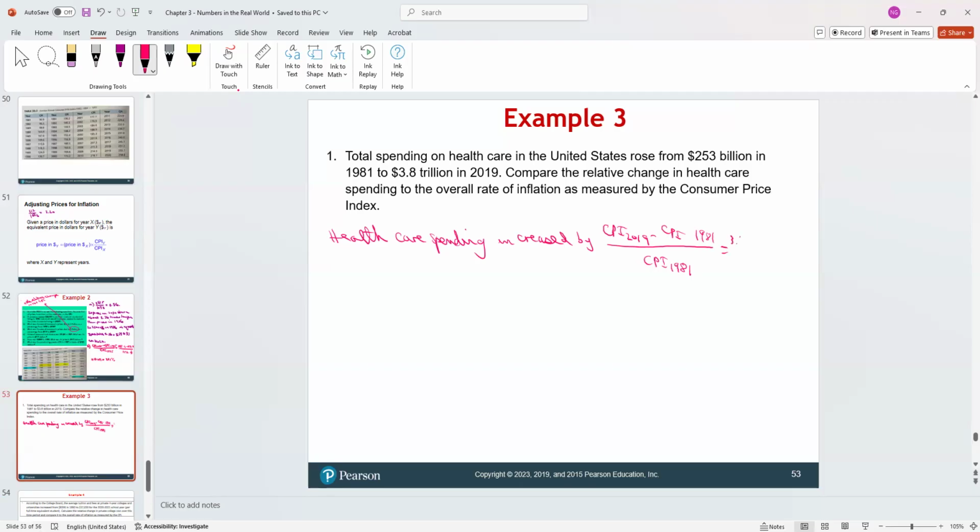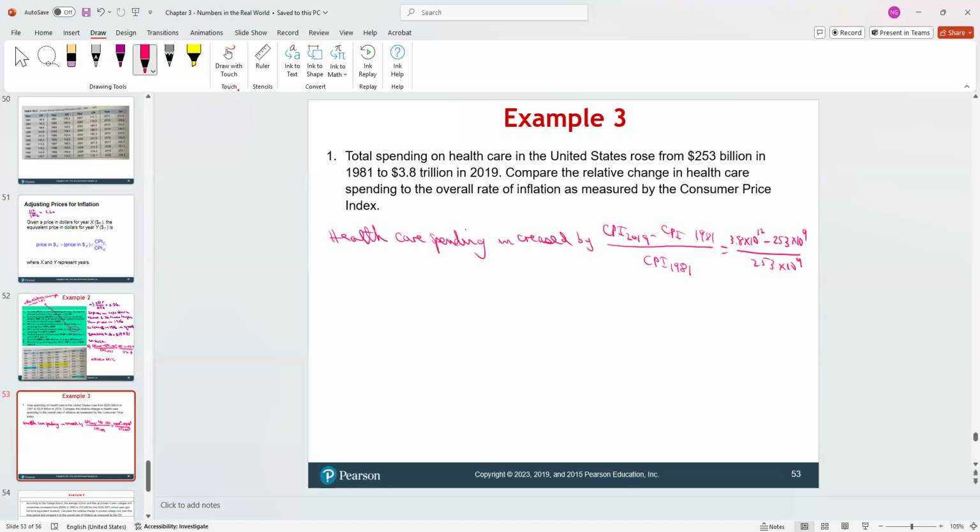Those numbers are big. So 3.8 times 10 to the power 12, which is a trillion, that means 12 digits, minus 250. Can we put it in trillions, or are we going to keep it in billions? Times 10 to the power 9 is 9 digits, over 253 times 10 to the power 9.